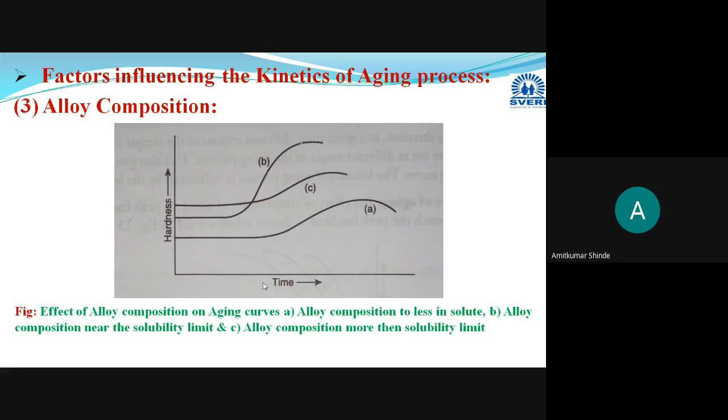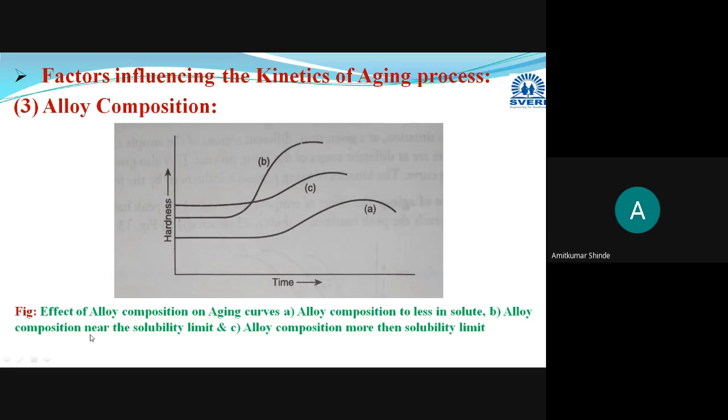You can see here alloy A, with a composition less than the solubility limit. Okay, there will be a certain solubility limit of the solute in the solvent, that is the alloying element in the base metal. I have taken one alloy with less composition than its solubility limit.